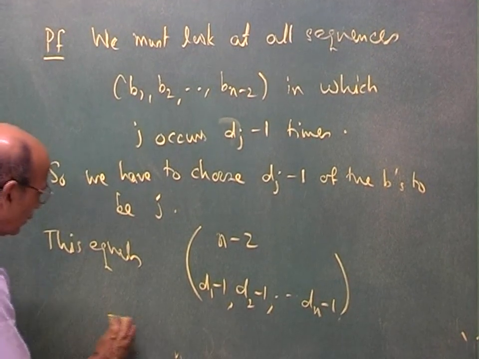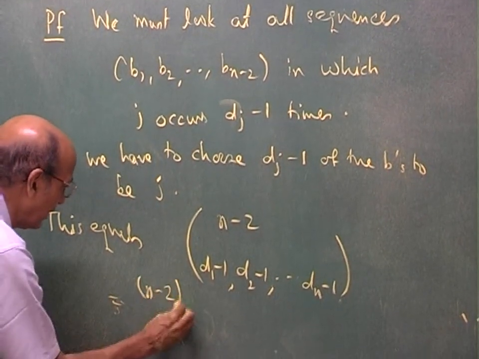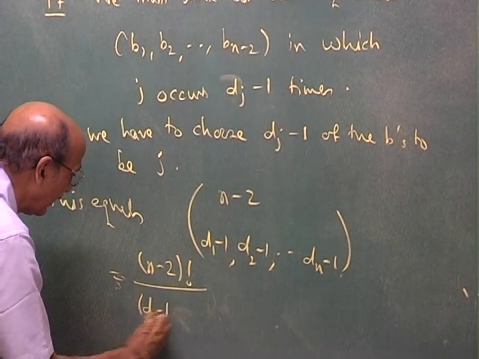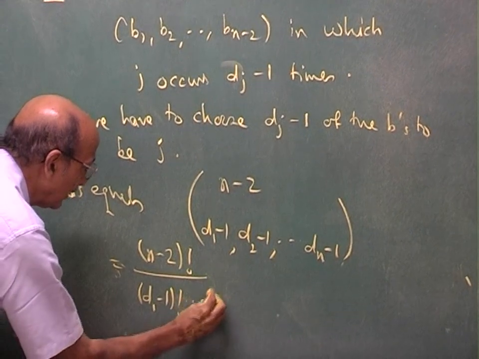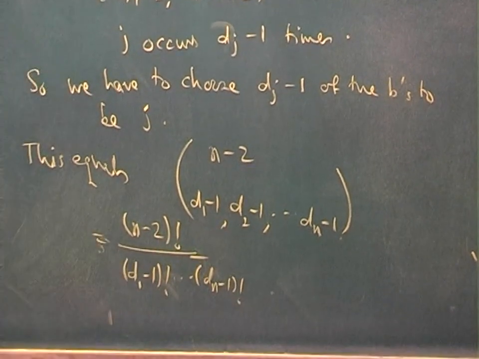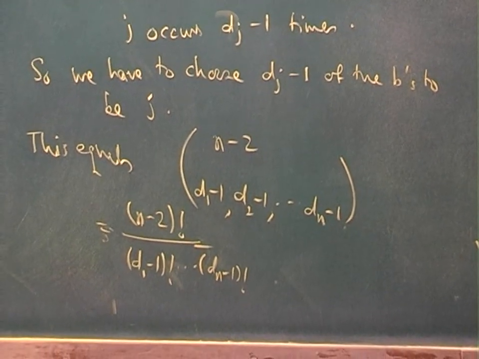What is this equal to? The standard definition? It is n minus 2 factorial divided by d1 minus 1 factorial, d2 minus 1 factorial, etc., up to dn minus 1 factorial. That's exactly what you have there. Okay?